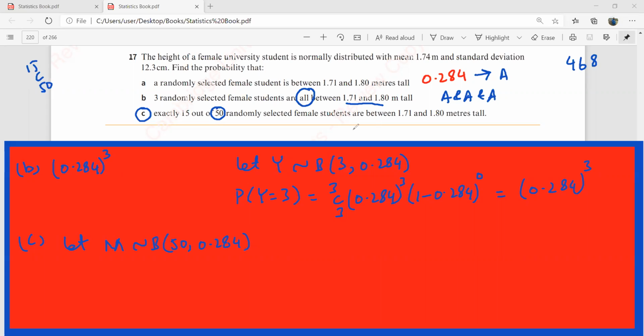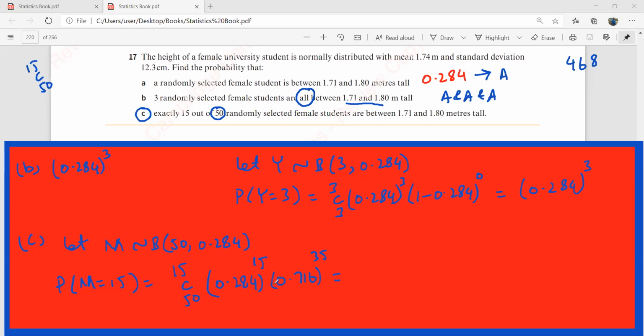And it says 15 out of 50. So we have to find the probability that M is equal to 15. So this would be 15C50, and this is 0.284 raised to power 15. 1 minus 0.284 is 0.716, okay, this is 0.716 raised to power 35.